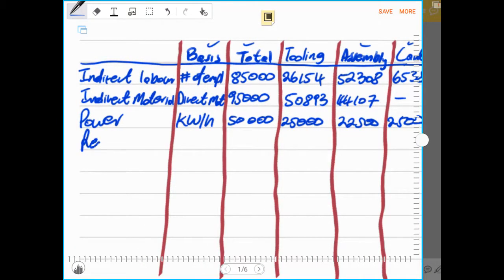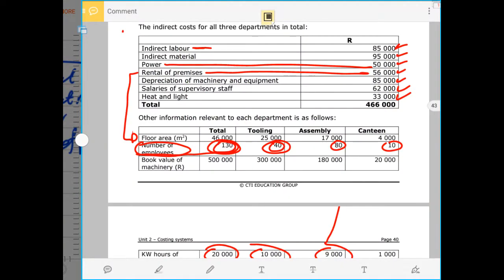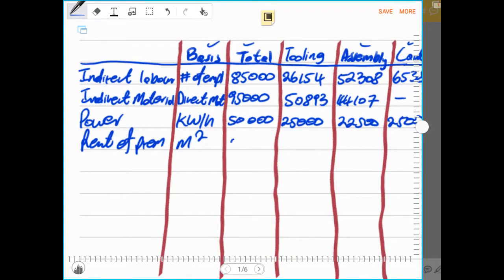We write rent of premises, and it will be based on the area, or square meter. And the total of the rent for the premises is 56,000 rands.